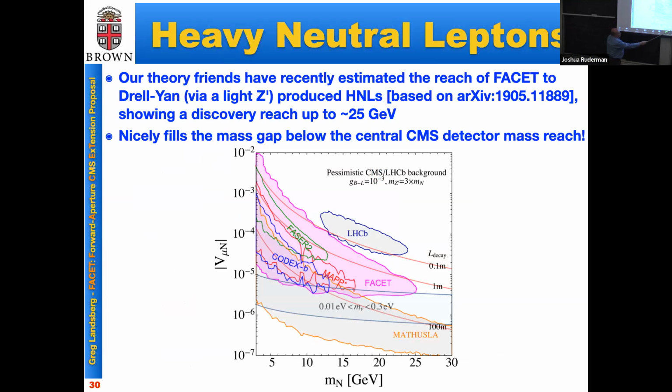You see that for the Drell-Yan production, Drell-Yan light production through the Z prime, FACET could go all the way to 20-25 GeV in terms of coverage. And MATHUSLA would do better. Again, in Drell-Yan, we cannot compete with central production, but we are fairly competitive with the LHC, for instance, and there is unique sensitivity with MATHUSLA in certain parameter space.